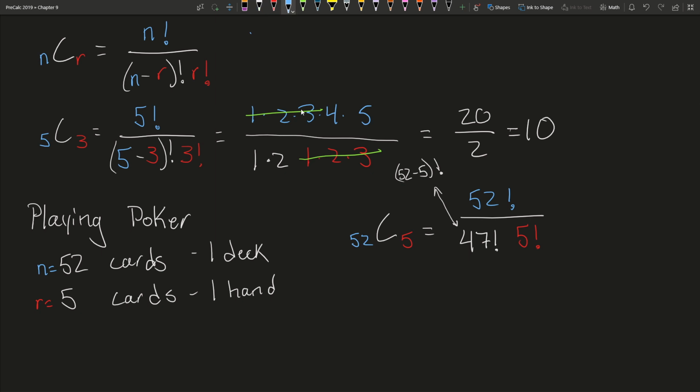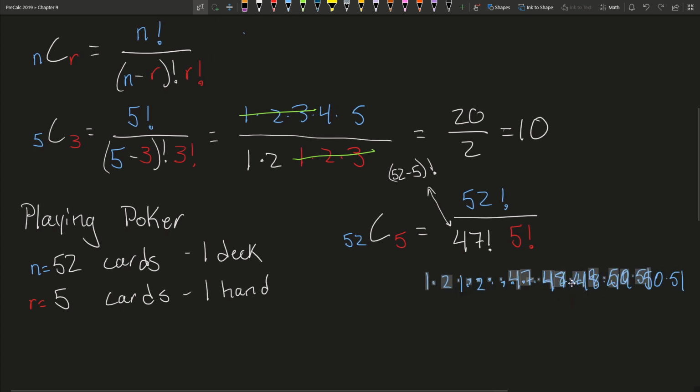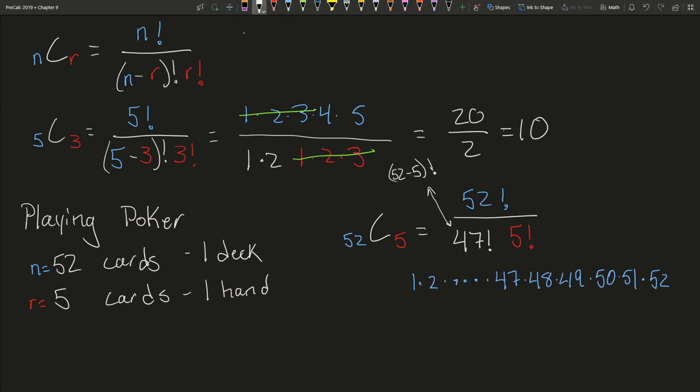We can rewrite 52 factorial as 1 times 2 all the way up to 52, and then do the same thing for 47 factorial and 5 factorial.